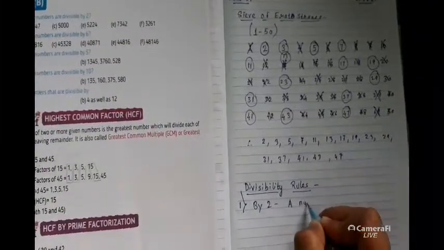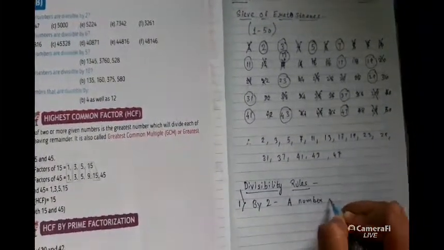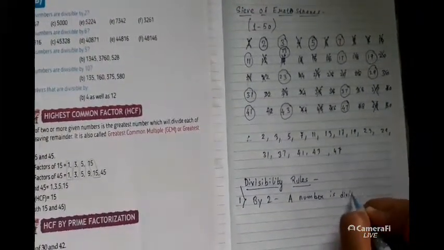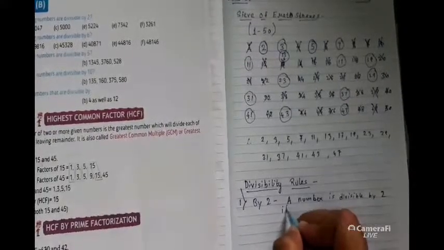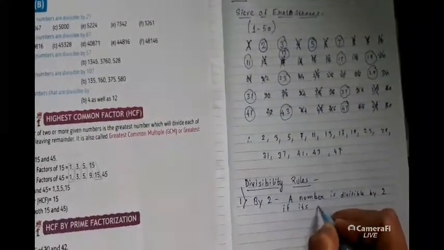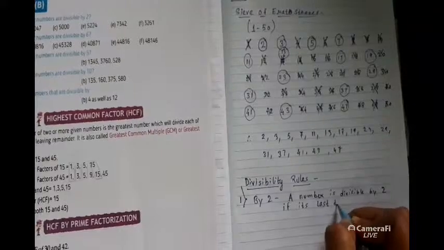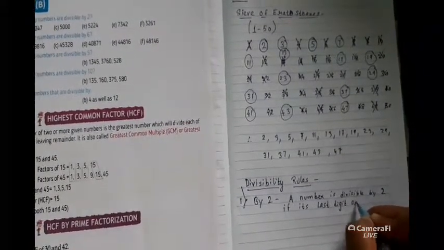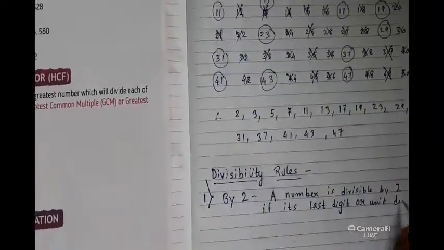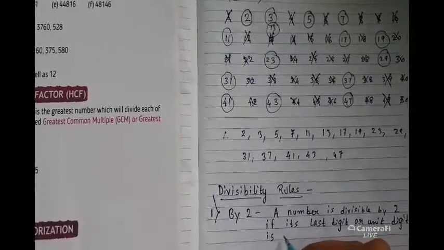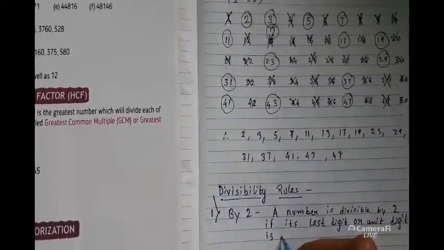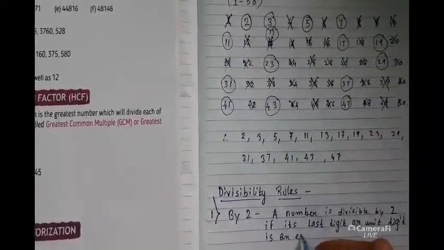Number is divisible by 2 if its last digit, or unit digit, is an even number.